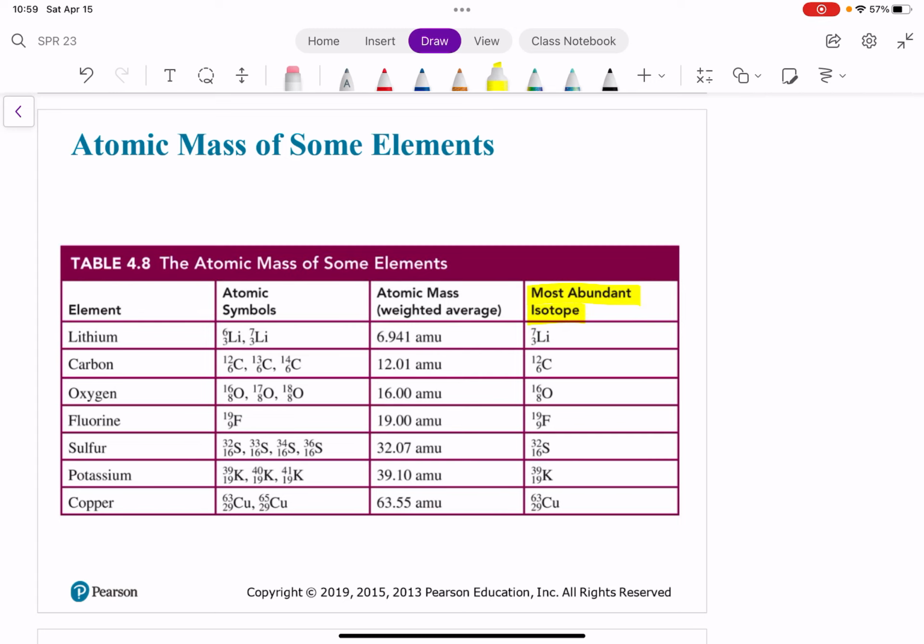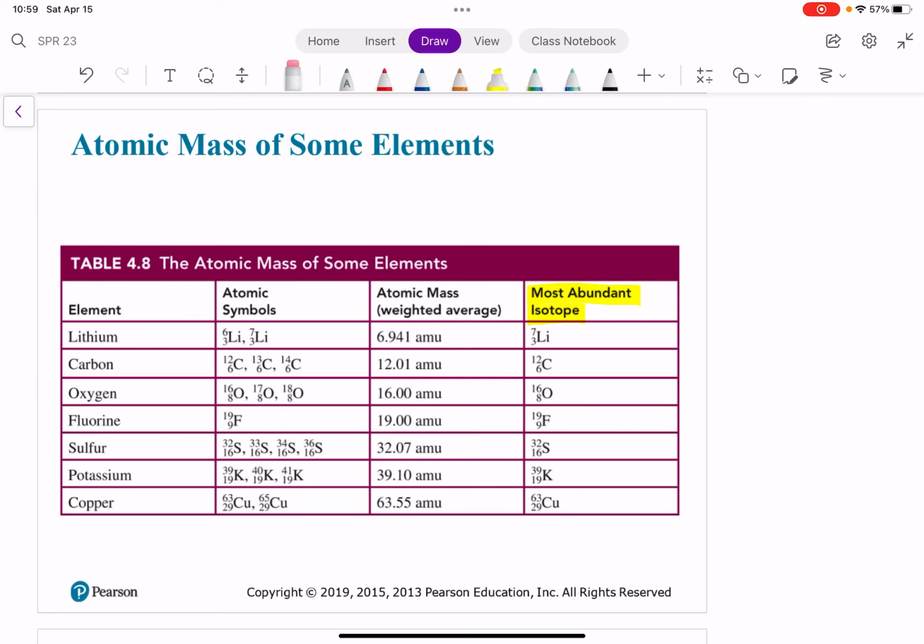So lithium-7 is more abundant than lithium-6. Carbon-12 is the most abundant. Oxygen-16 is the most abundant. Fluorine-19. Sulfur-32. Potassium-39. Copper-63.